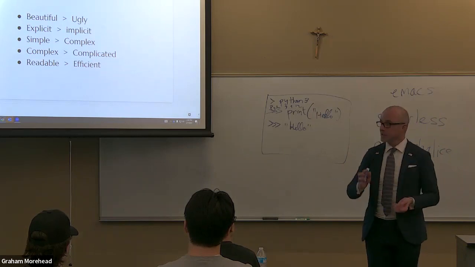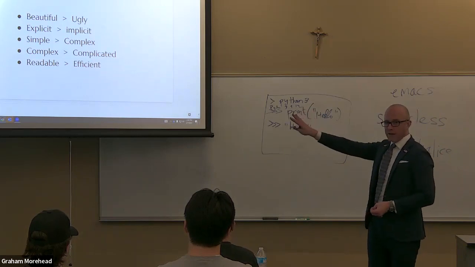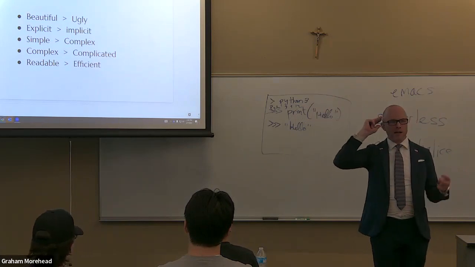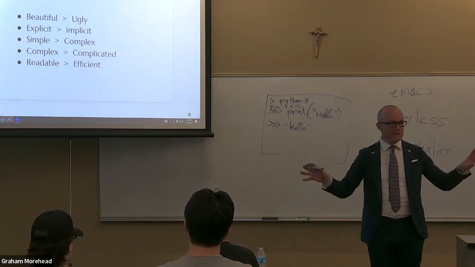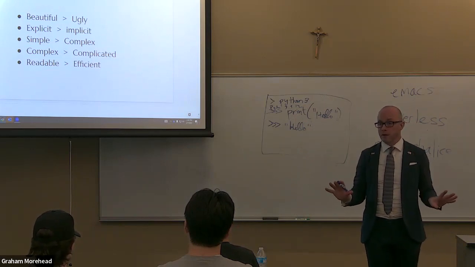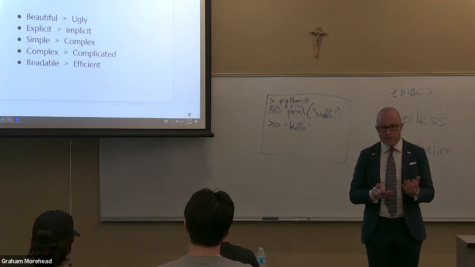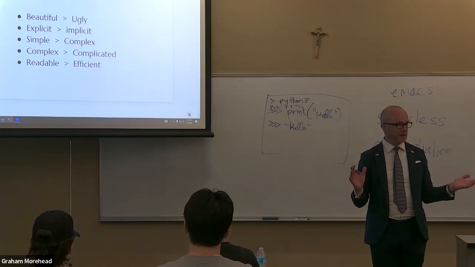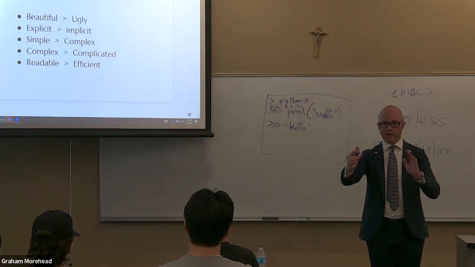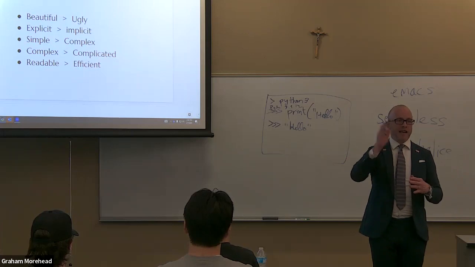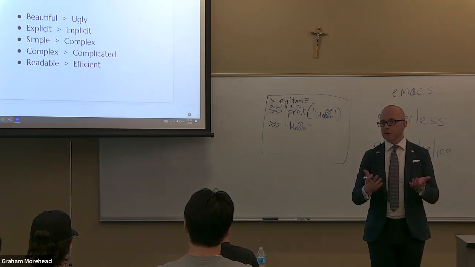Well, complex is okay, but complicated is more like tons and tons of details, more than you could ever remember. Another way to think about this is that when you look at a page of Python, you should be able to understand what's going on and not have to scan down 10 pages to understand what you're looking at.